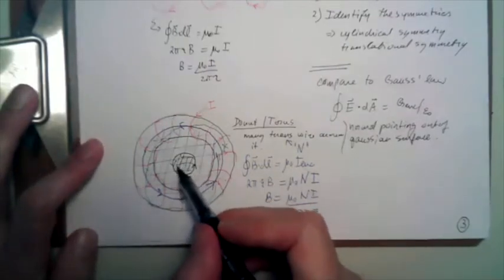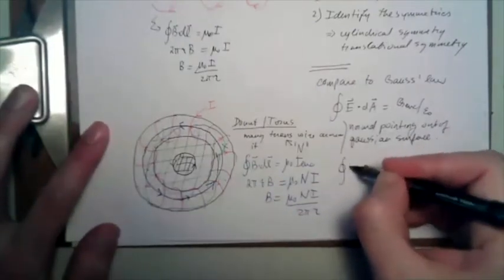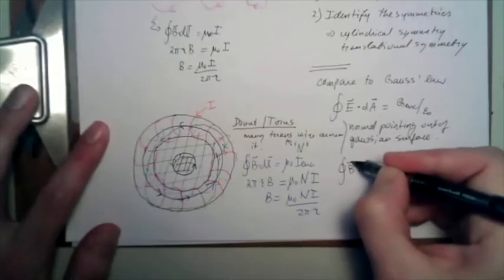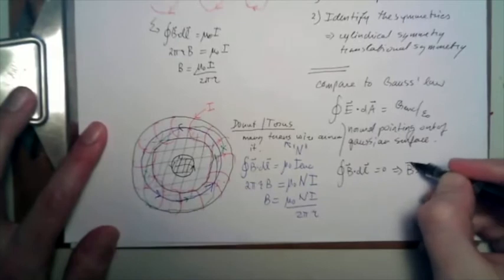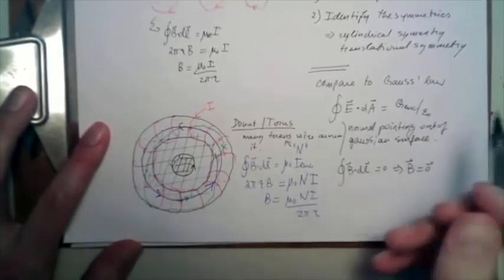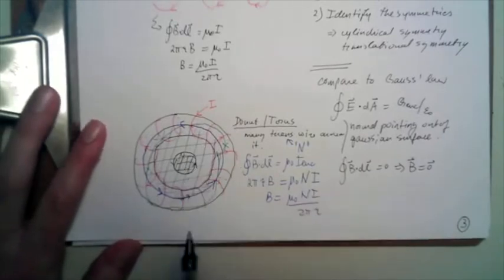There's no currents poking holes in this membrane, so the black integral B dot dl is 0, so therefore B is 0 here. I'm writing it as a vector, so that one's easy.